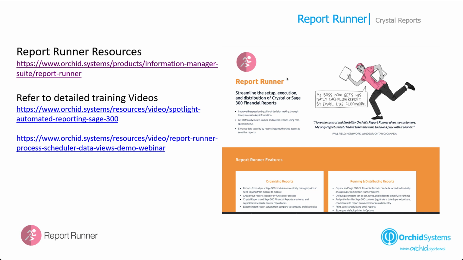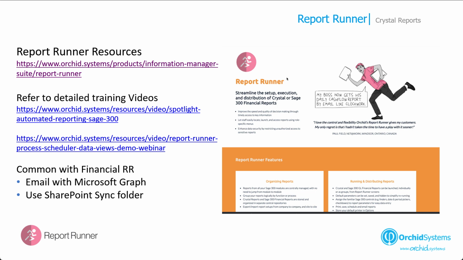So today we will focus on some tips for less standard reports and answer some common support questions. Some of what we have looked at earlier for Financial Report Runner is also relevant for Crystal reports, for example, emailing with Microsoft Graph, as well as using SharePoint Sync functionality to save reports to SharePoint.